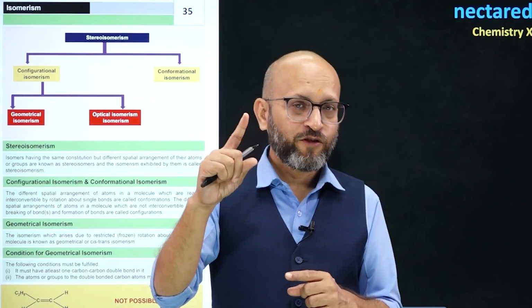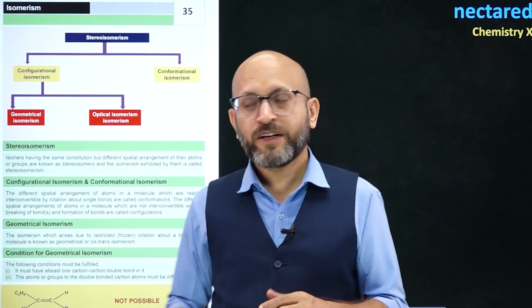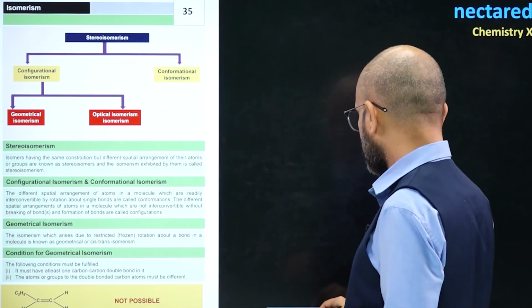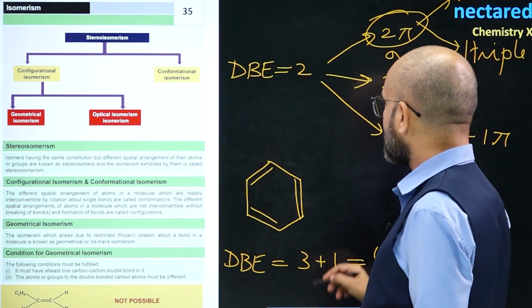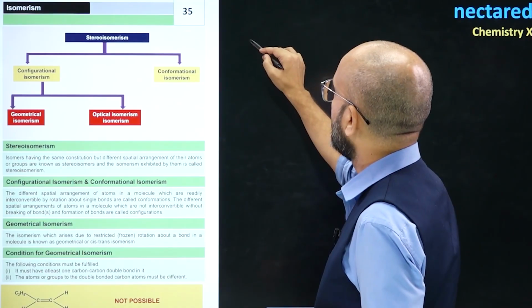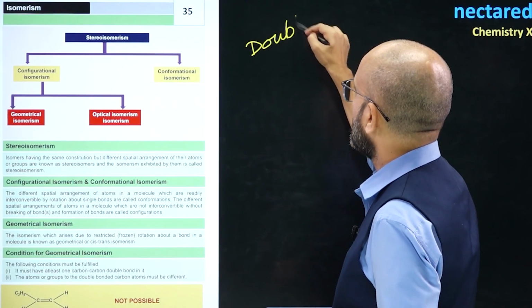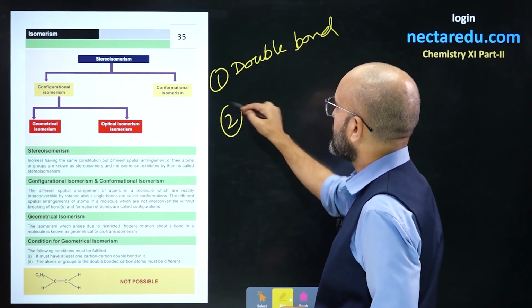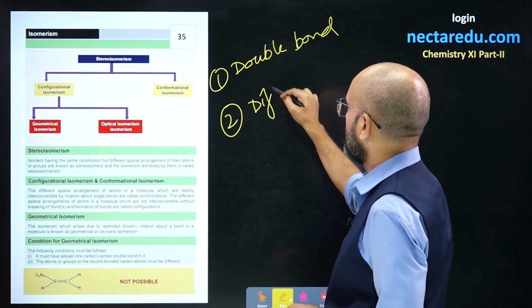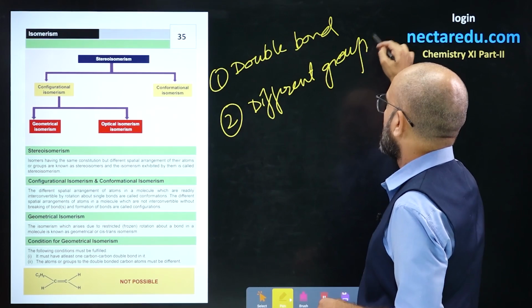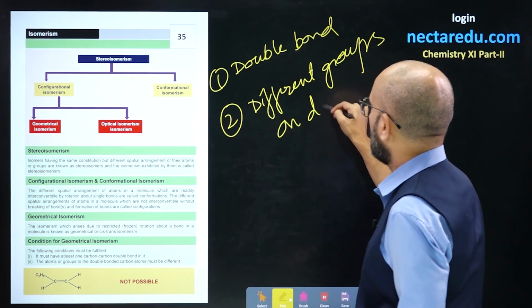The first condition for geometrical isomerism is the presence of a double bond, and the second condition is different groups on the double bonded atom.